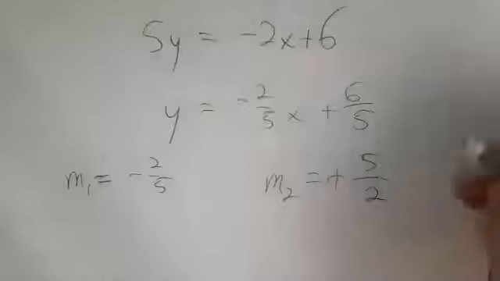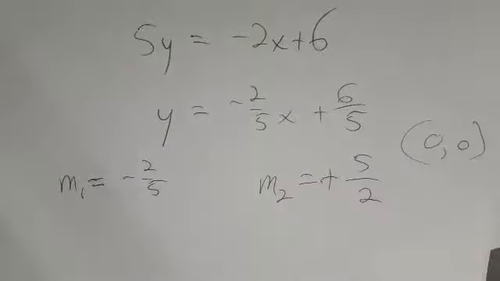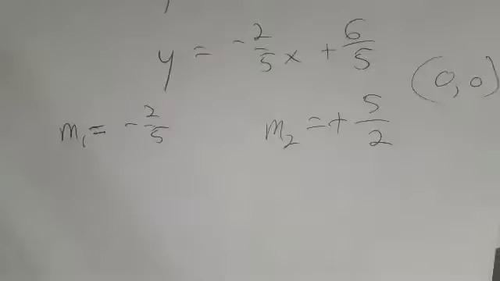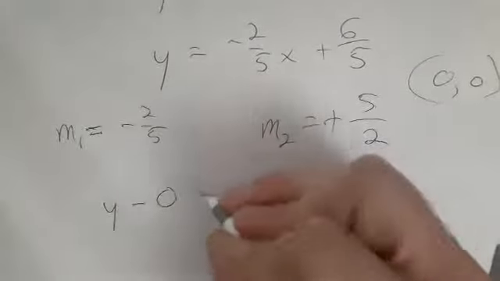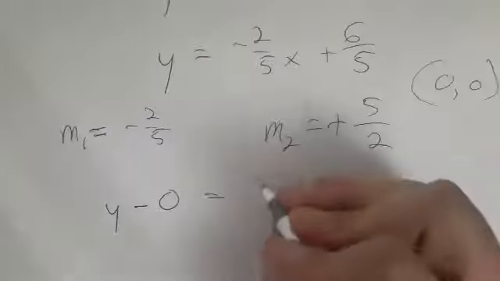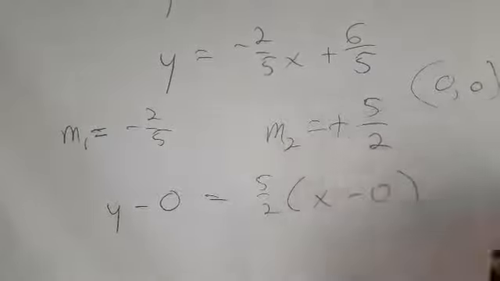I want to do 0, 0, right? Won't it just equal y equals x if the points are just 0? If we plug it into the point slope formula, let's do it. So y minus 0 equals 5 halves, and x minus 0.